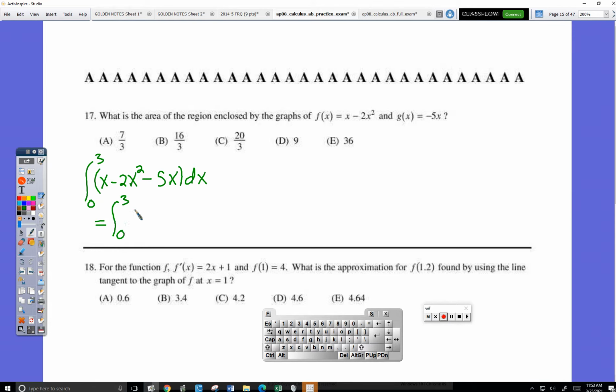So that's going to be, let's see, negative 4x, so minus 2x squared minus 4x. Question? Aren't you adding or subtracting g of x?